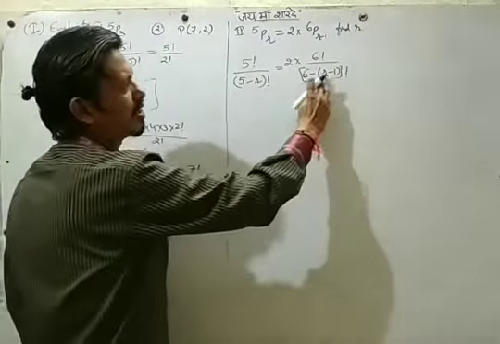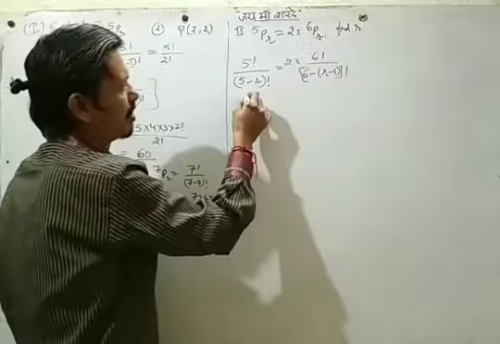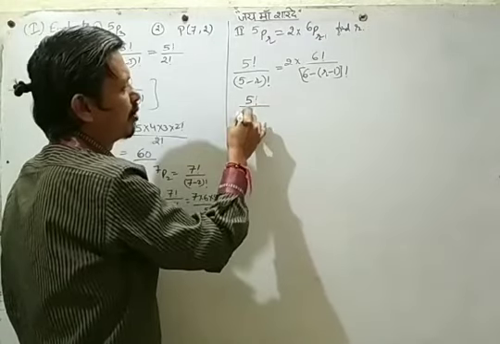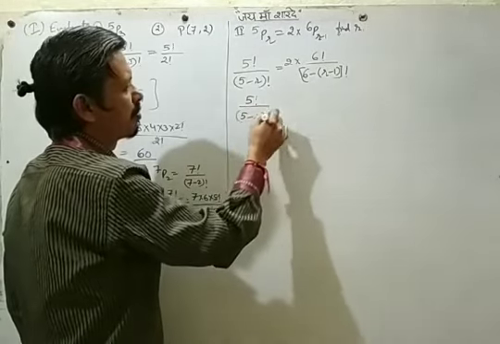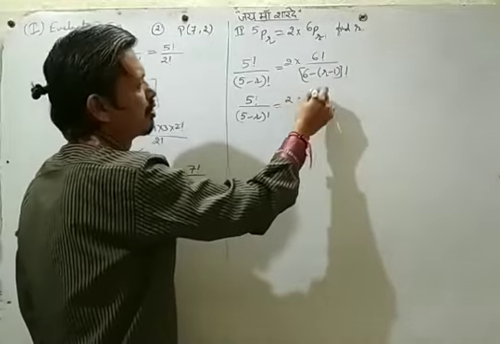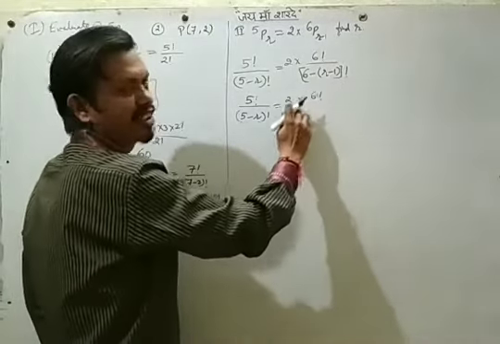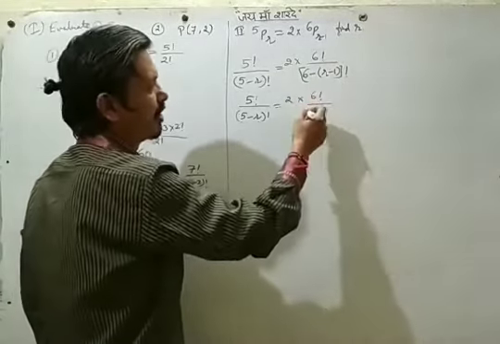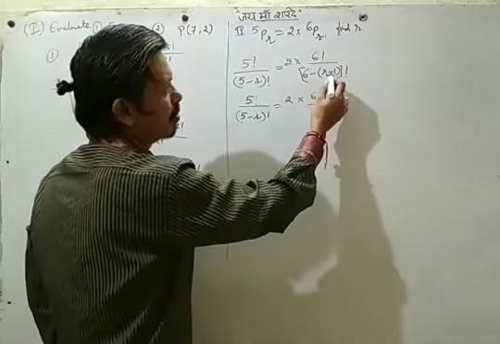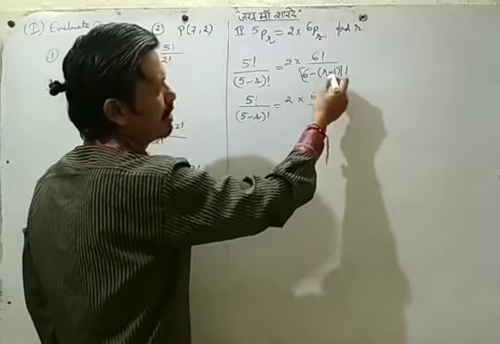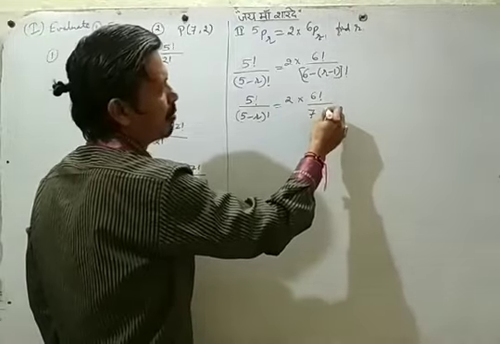We cannot multiply 2 and 6, otherwise the value will be different. So it is 6 minus r plus 1, so it becomes 7 minus r factorial.